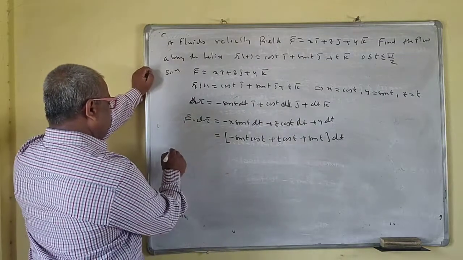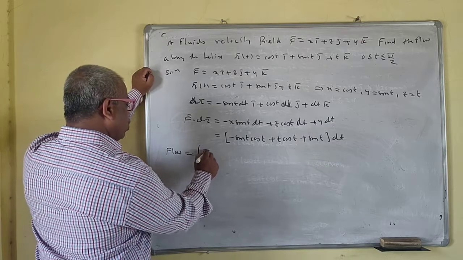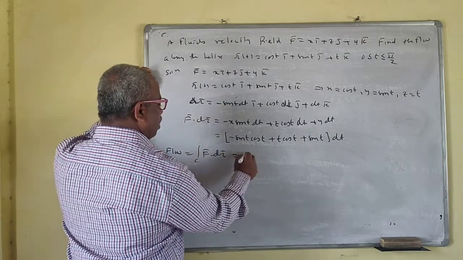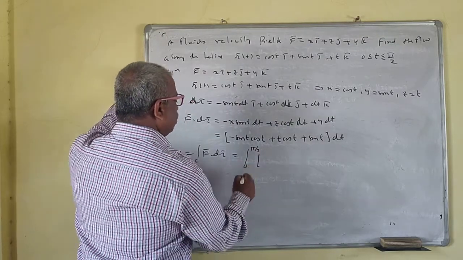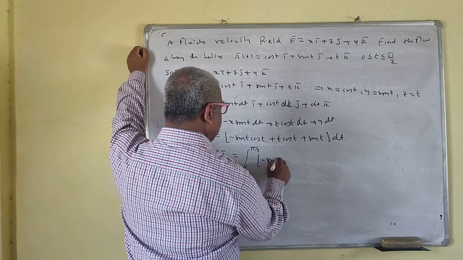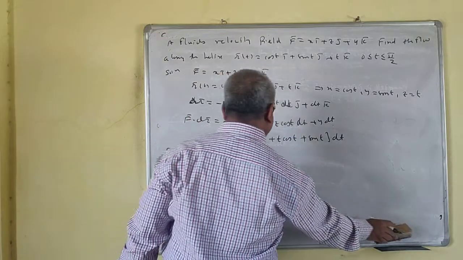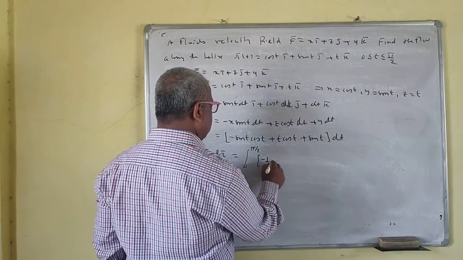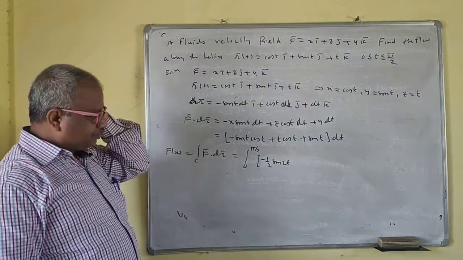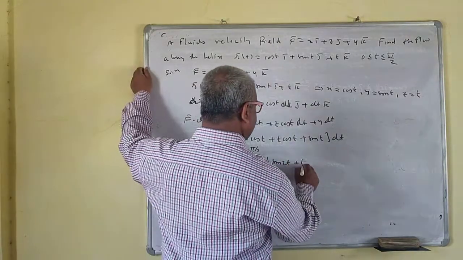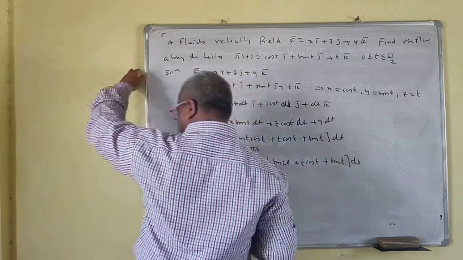So flow is equal to the integral over C of F bar dot dr bar, which is the integral from 0 to pi by 2 of minus sin t cos t plus t cos t plus sin t. For minus sin t cos t you can write directly the formula, minus half sin 2t; you can divide and multiply by 2 to get this. t cos t you cannot do anything directly, and sin t is also integrable.